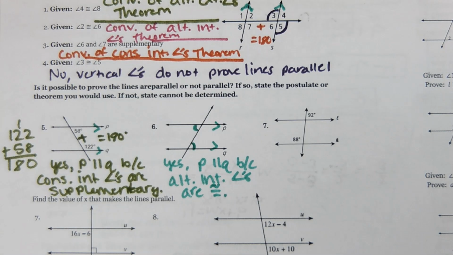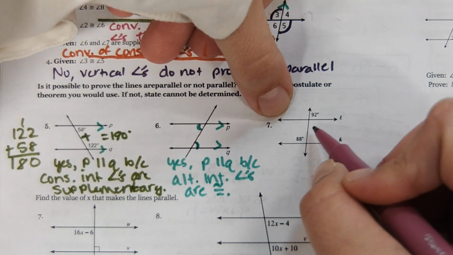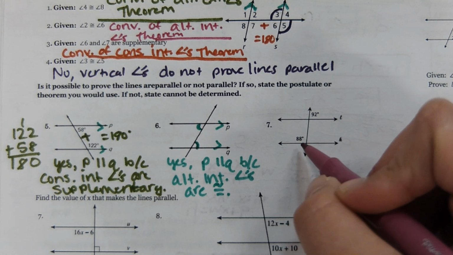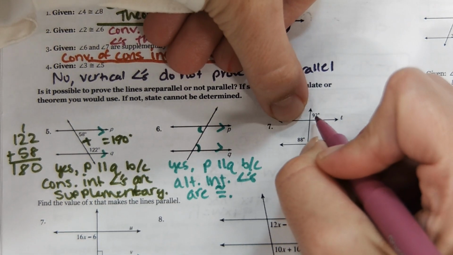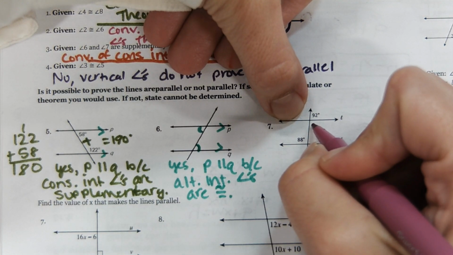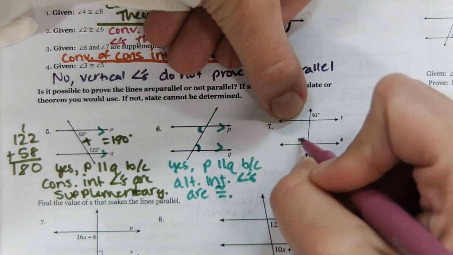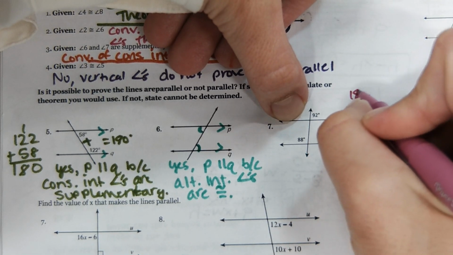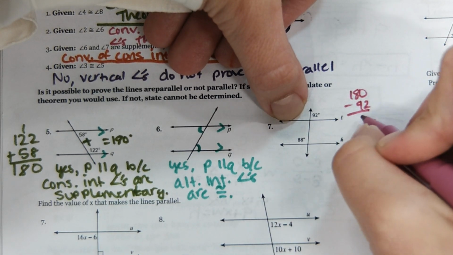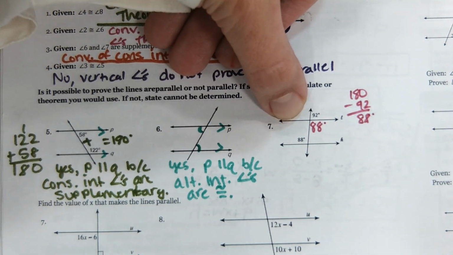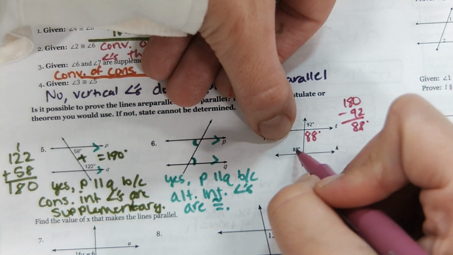Okay, number 7, when I look at these two angles, these don't have a specific relationship that's named, but I can still figure this out. So a linear pair, these two angles would add to 180, so I can figure out this angle. And then if this is equal to this, then alternate interior angles are equal. So I can do 180 minus 92, and we get 88 degrees. So this is 88 degrees. And then alternate interior angles are equal.